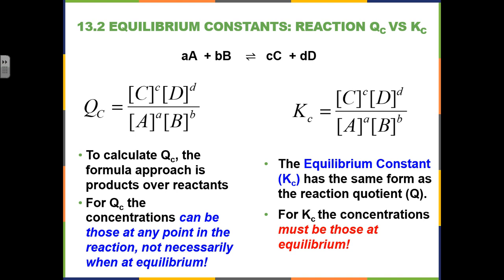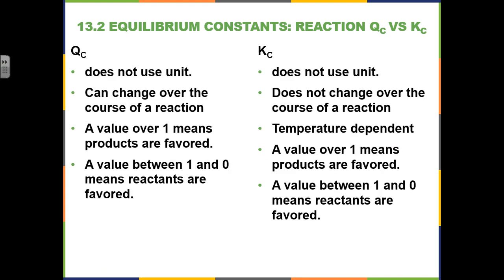Now, for the QC, the concentrations can be those at any point of a reaction and not necessarily just at equilibrium. However, the KC, or the equilibrium constant, is limited to only when the reaction is at equilibrium. Now, neither of these use units because units are not required.